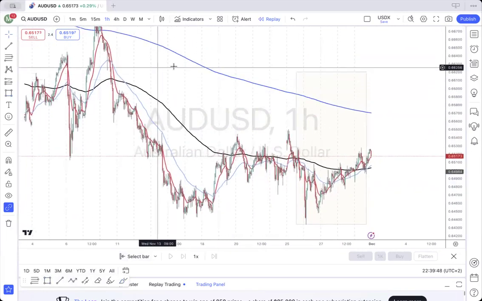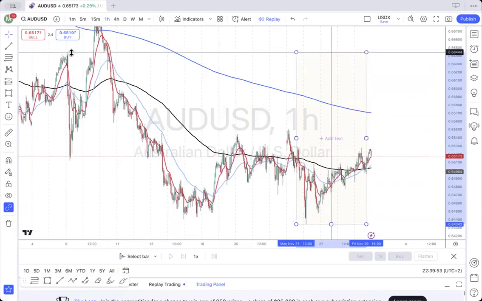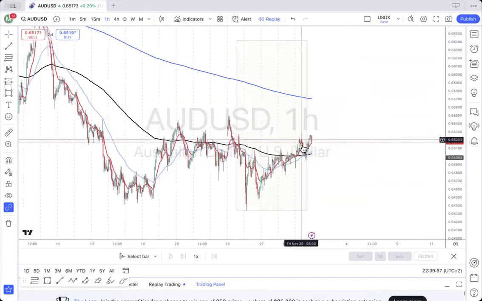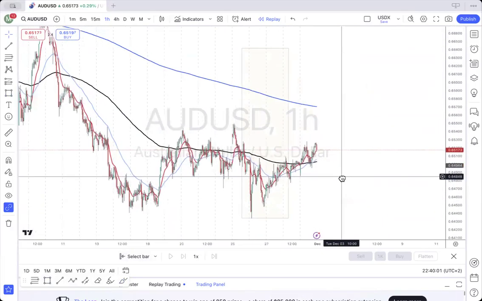I once did it and it gave me something similar to that. That is how much you expect AUD/USD to go. So that's going to be a very good buy next week.